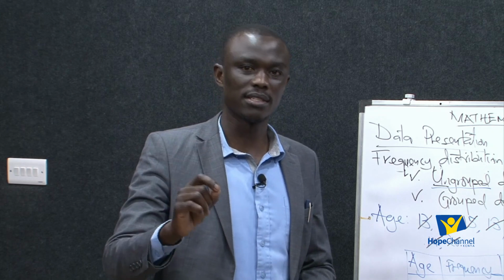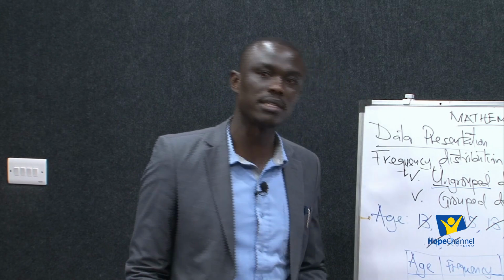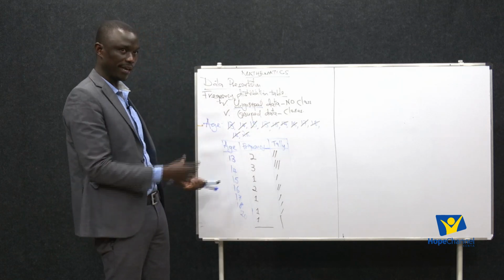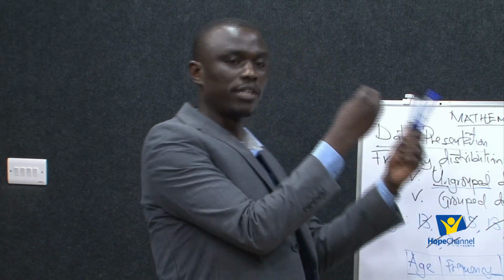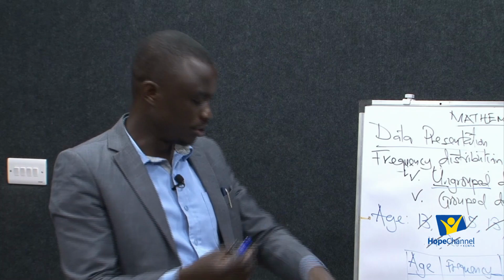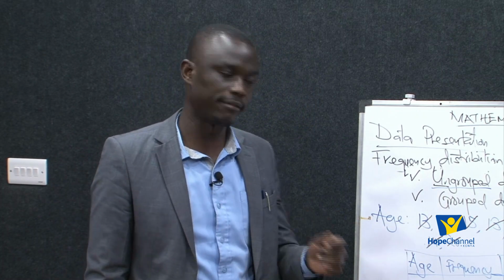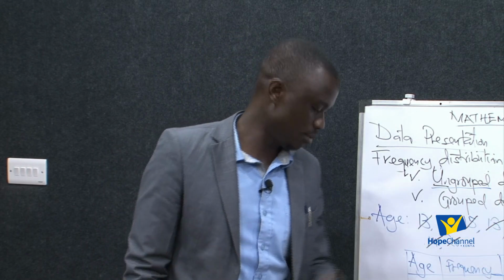What is this? You should always add the total of the frequency column so that we can know how many observations were there. We'll also use the total to counter-check our data, if we have actually counted all the data we have.